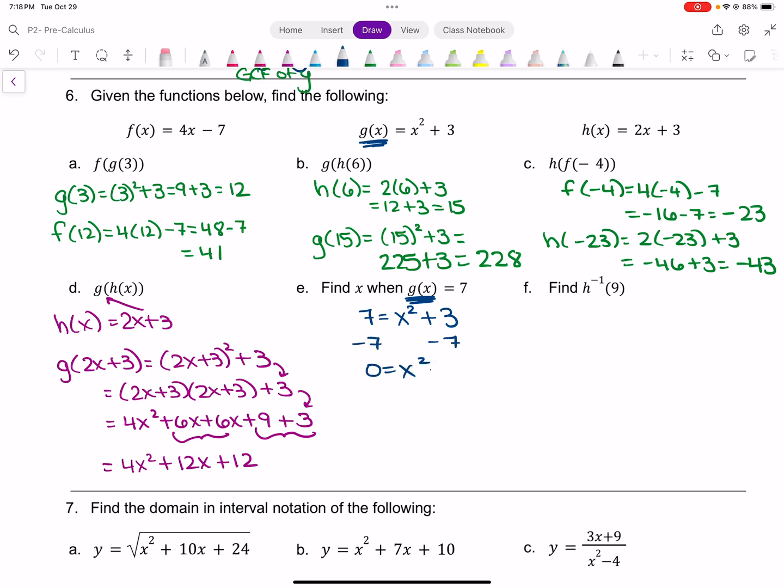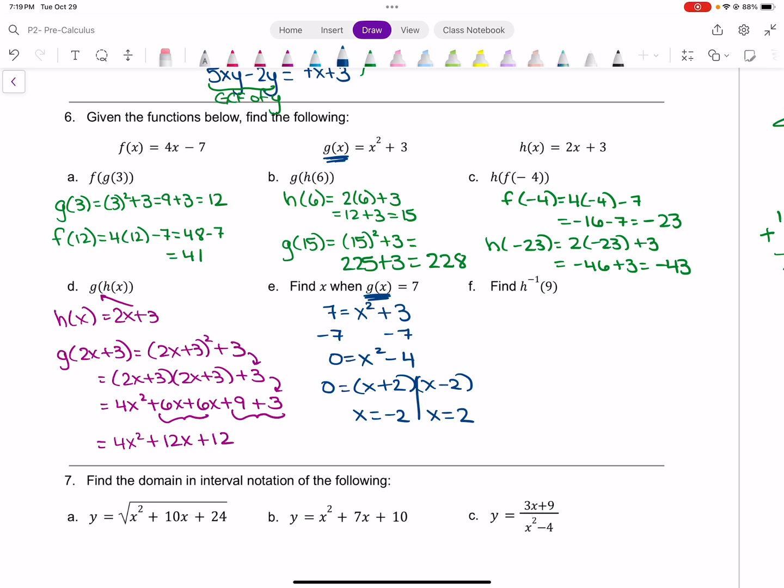You are less likely to forget an answer. This is factorable: x plus 2, x minus 2, which then gets me -2 and +2. If you subtracted the 3 over to get 4 equals x squared and you took the square root, that's fine, just don't forget the plus minus.